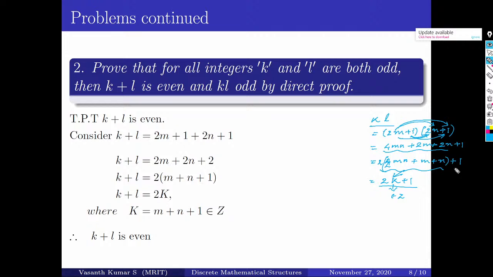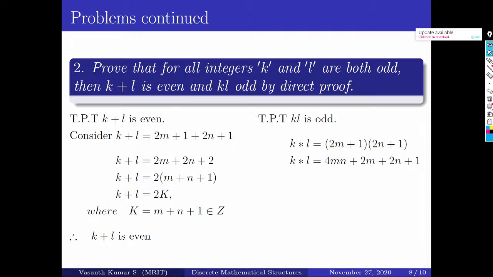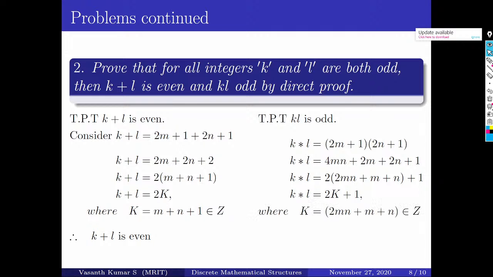Hence I have proved that kl is odd. So here you have the proof. You can see, to prove that kl is odd, I have considered the product and expanded that term, taken out the common term, then defined what is k. k belongs to z, hence we have proved that kl is odd.